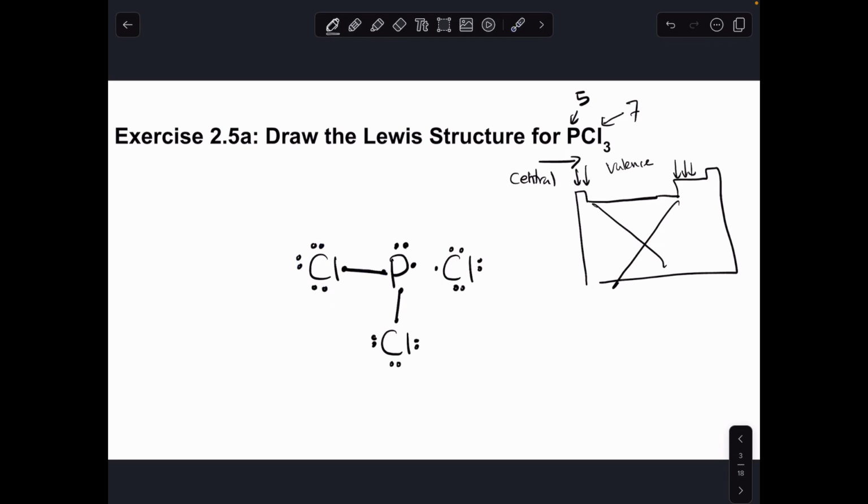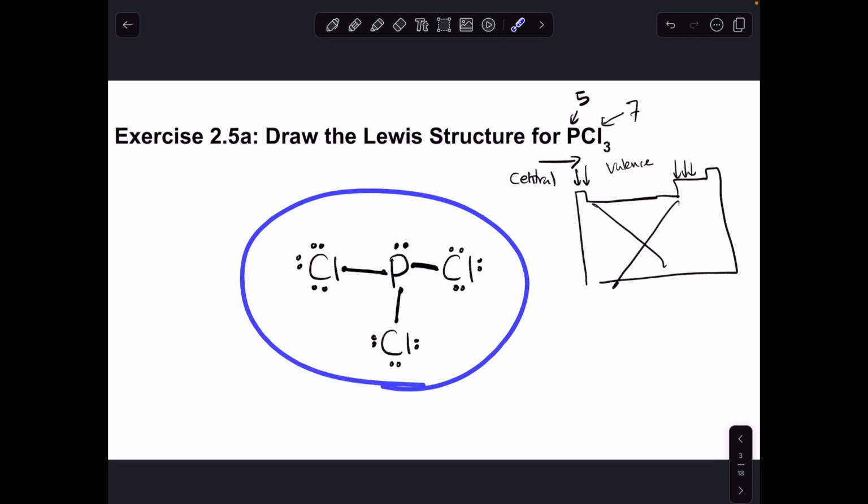Each of the chlorines, because they're all the same, will do the same, giving this one its 8, and this one its 8. All of the outside ones are happy. Now you can look at your center one, but the majority of the time, it's just going to do whatever it did. In this case, we do have 2, 4, 6, 8. And we're done. So there's our structure for PCl3.